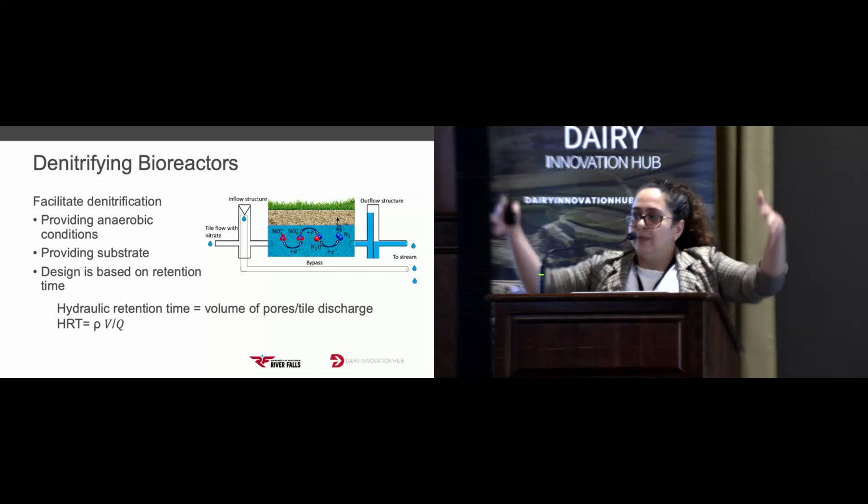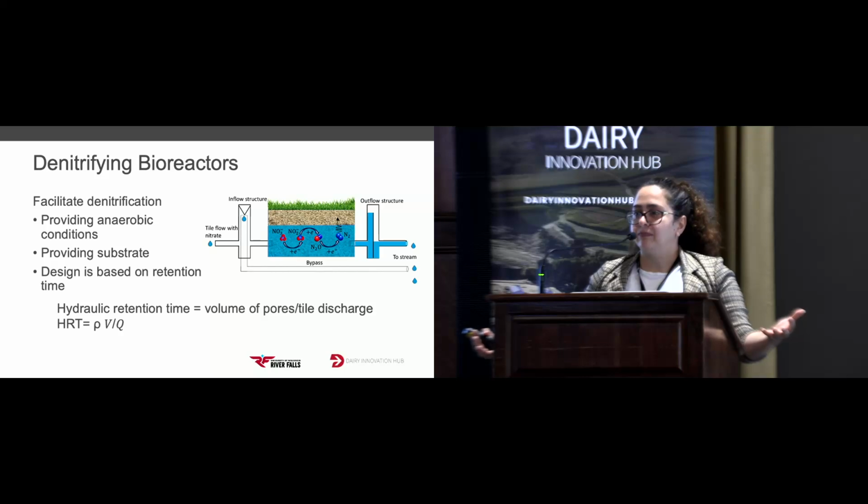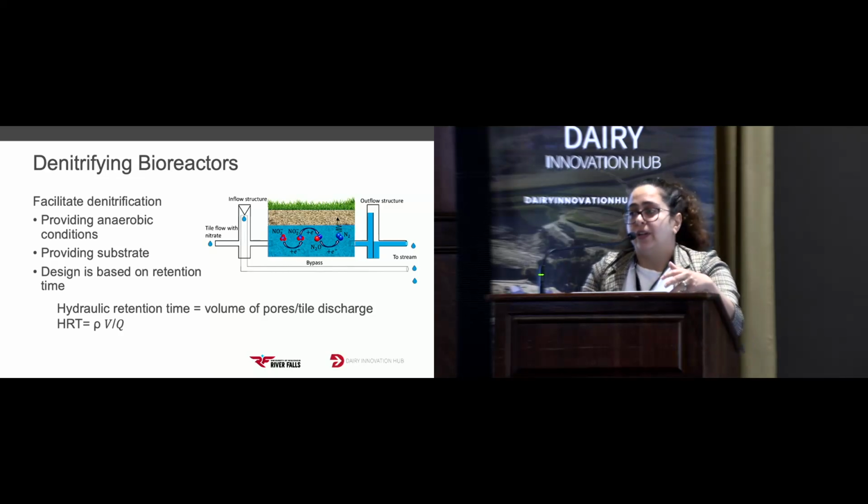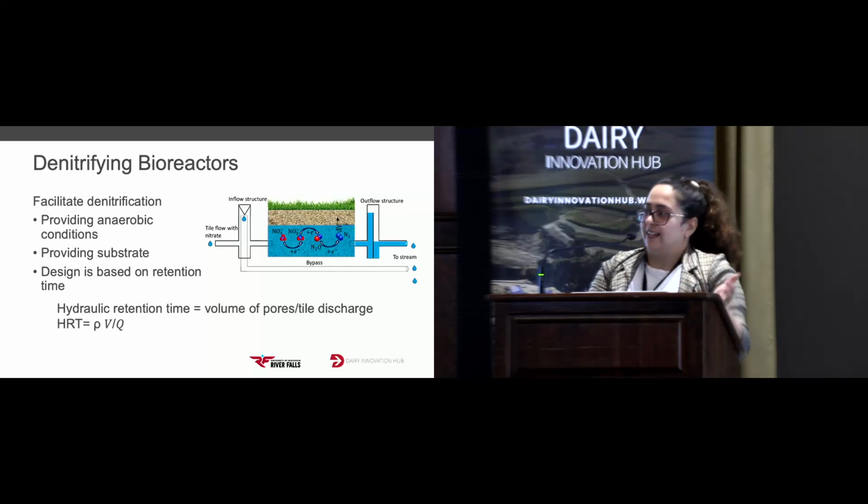So we practically put these boxes on the ground and we divert the water from the tile flow into these boxes. We provide the food for microorganisms, anaerobic conditions and food, the wood chips or something similar that would provide the organic matter, and we wait, right?